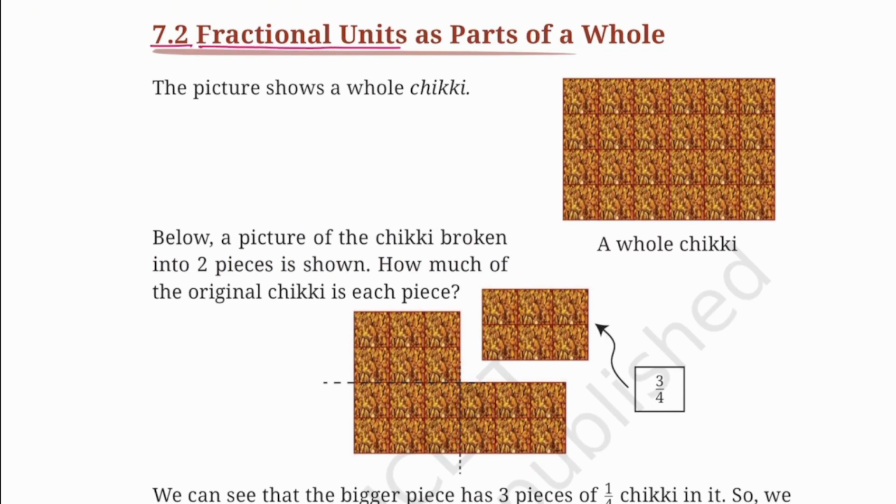7.2 Fractional units as parts of a whole. The picture shows a whole chicky. You can see the chicky has been divided into 6 vertical parts and 4 horizontal parts.